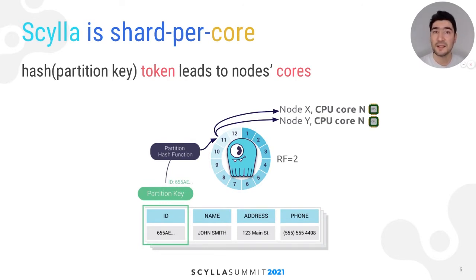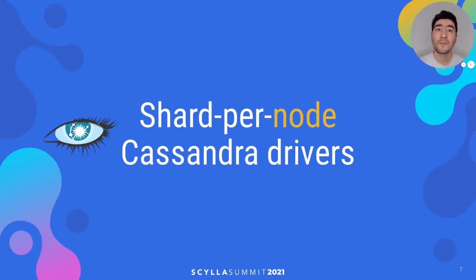We can call this architecture a shard per core architecture. So you get the hash of the partition key, it gives you a numerical token, which leads you to a node, and then also can get you to one of its CPU cores. This is a major architectural difference, and it has tremendous impact on client drivers' query routing design.